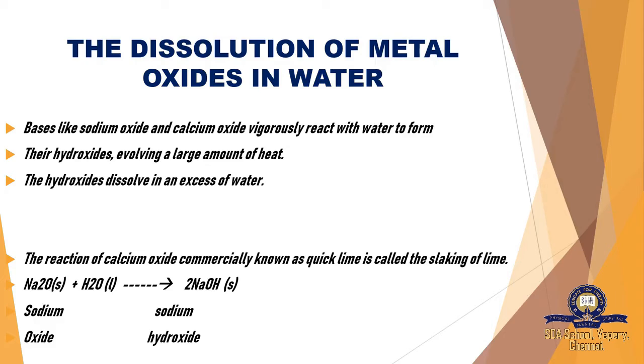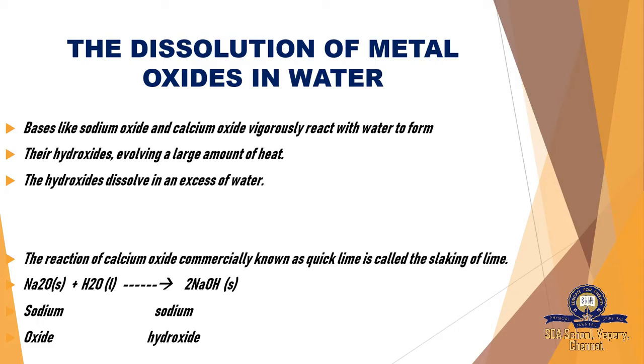Yes, the basic oxides, sodium oxide and calcium oxide, when reacting with water, give out a large amount of heat. So when the heat comes out, obviously it is an exothermic reaction. The hydroxides dissolve in excess water. So once the hydroxide is produced, again it is dissolved in the water.